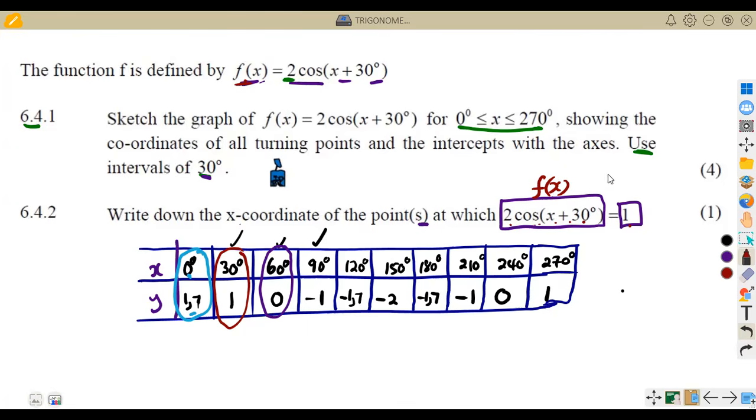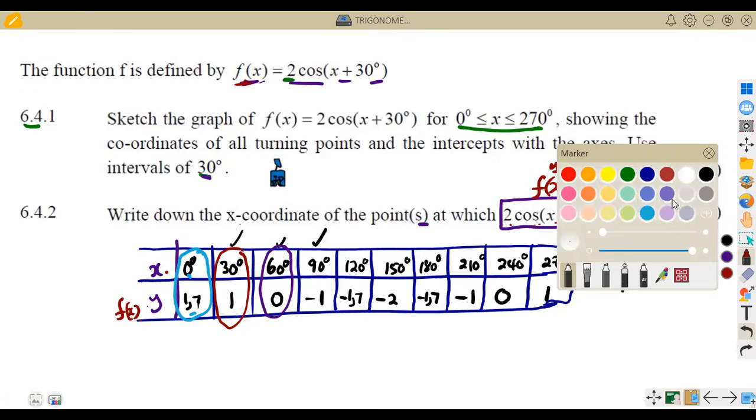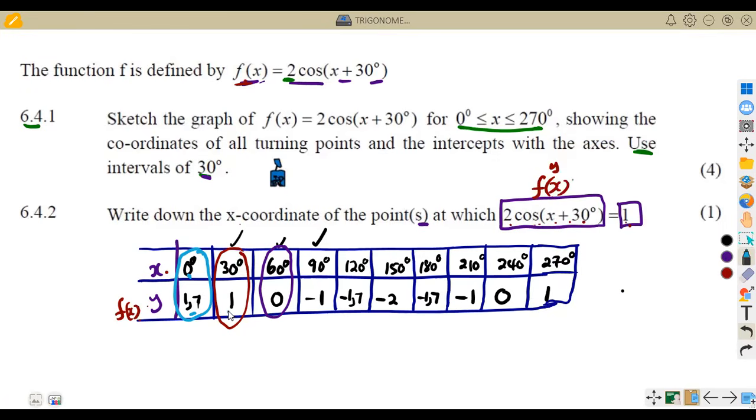We do not even need a graph, because even here we can check, because y represents f(x). For the values of x, this is our f(x). So which values of x are we seeing on the table here, where our f(x), which is y, is equal to 1? So you can check here, y is equal to 1 at 30 degrees.